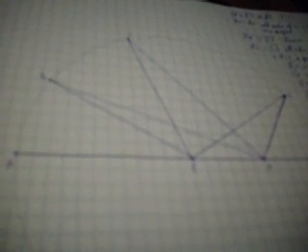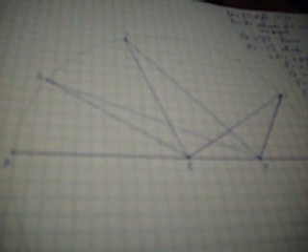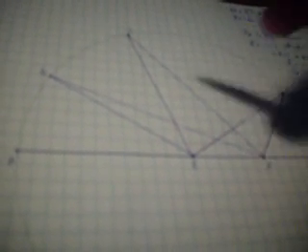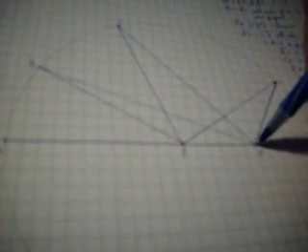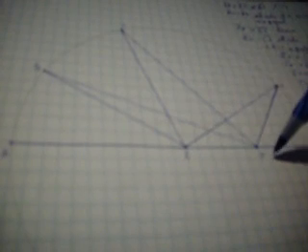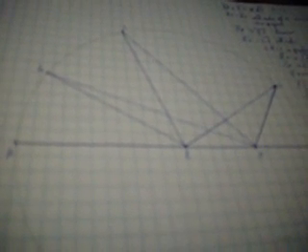Then he goes on to say that angle BEF is greater than angle CEF. Well, where's BEF and CEF? Well, BEF is this angle right here, and this angle right here is CEF. And he is literally saying that angle BEF is greater in size than angle CEF.